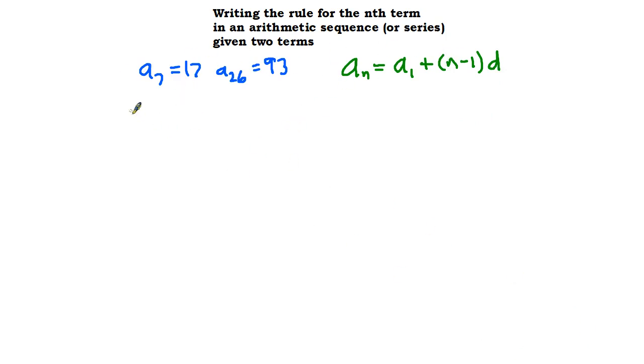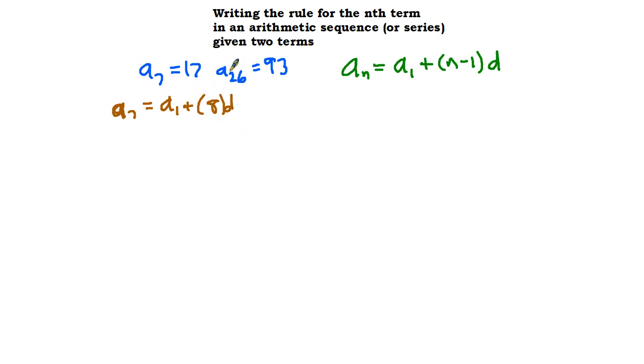We'll start with a sub 7 equals a sub 1, which we don't know, plus, since 7 is the n, 7 minus 1. I'll just write that as 8, and then we don't know what d is, so it's 8d.